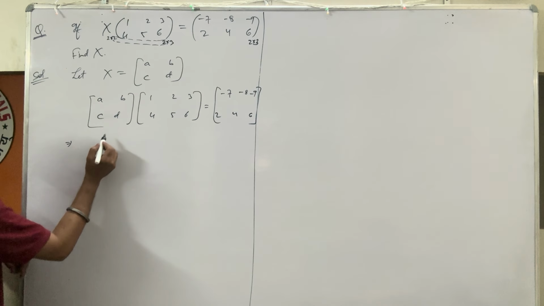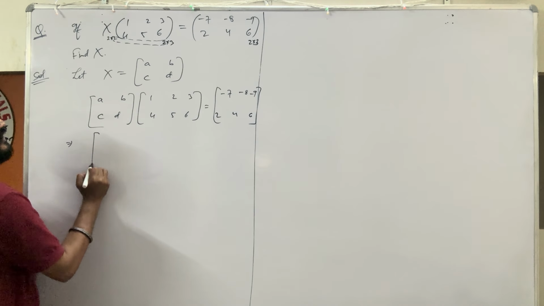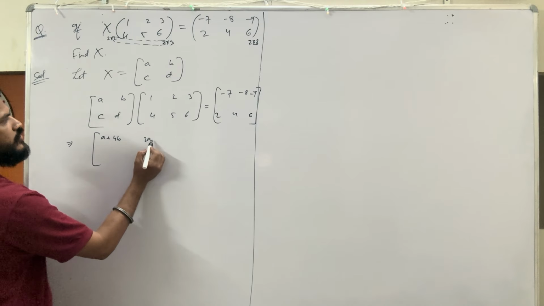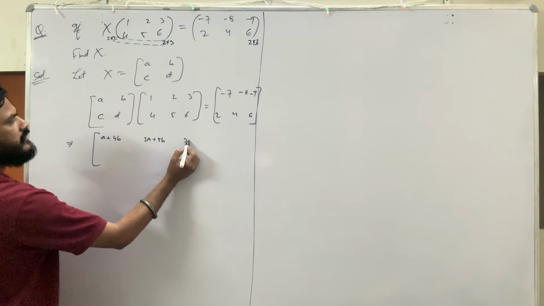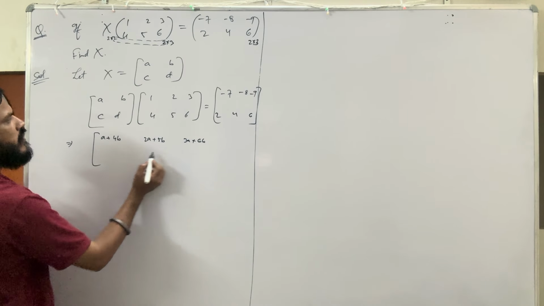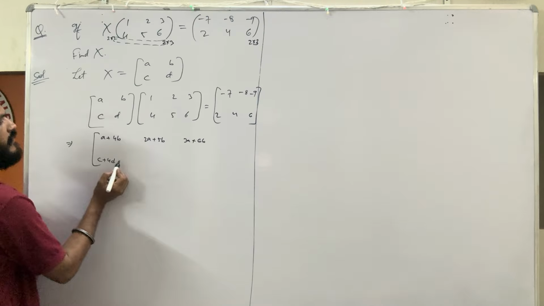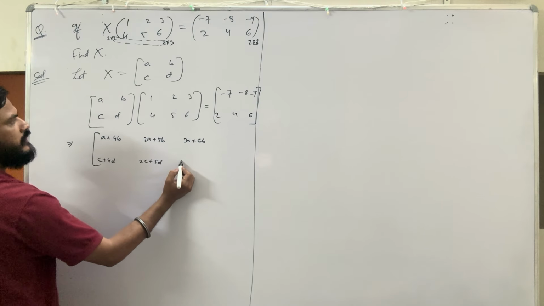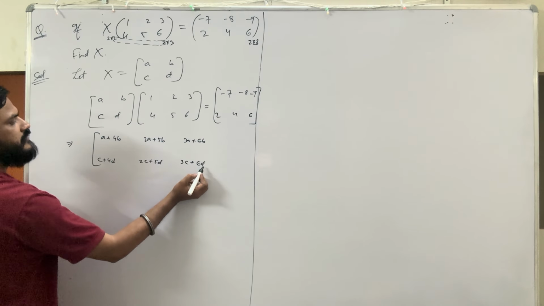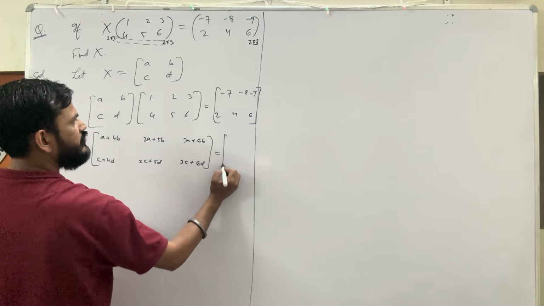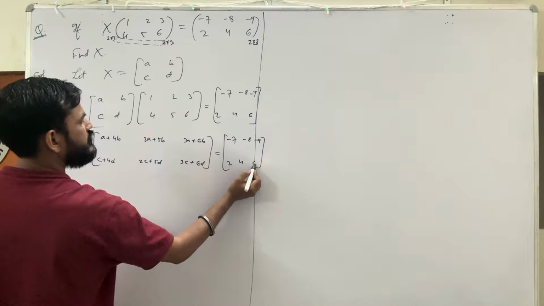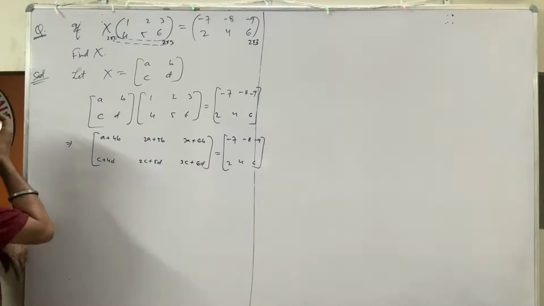Now let us find the left hand side. It becomes [A plus 4B, 2A plus 5B, 3A plus 6B; C plus 4D, 2C plus 5D, 3C plus 6D], and that is equal to [-7, -8, -9; 2, 4, 6]. Now we compare these two.